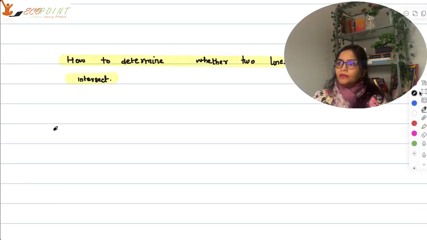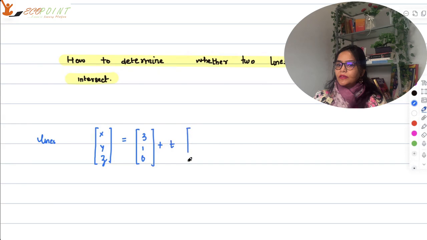Suppose we have the line (x, y, z) equal to (3, 1, 0) plus t times (2, 0, 1). Remember how to represent lines in Rn?